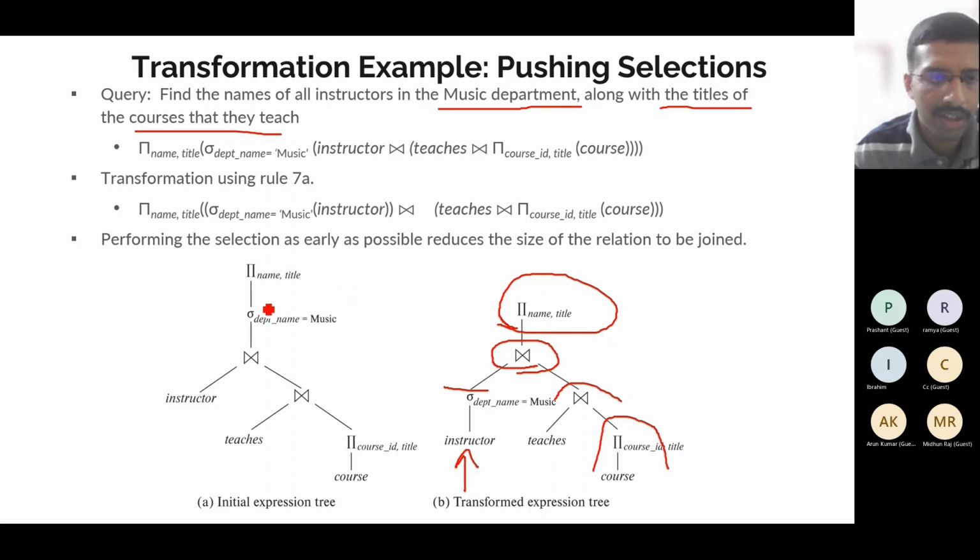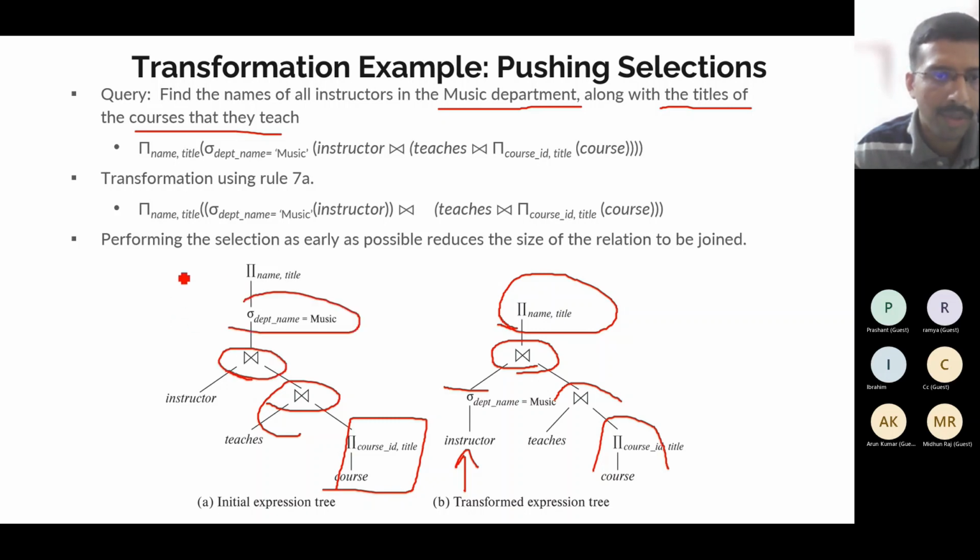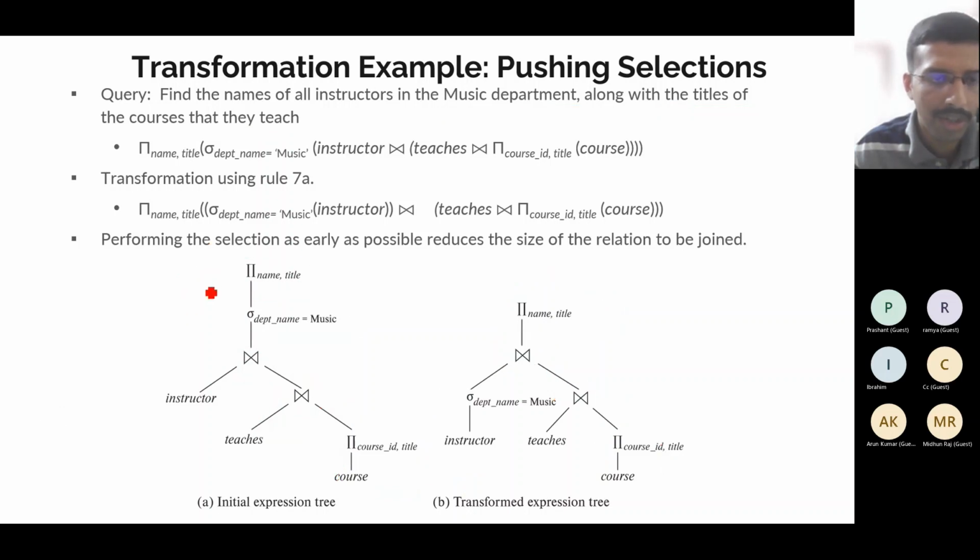Another equivalent way in which you can implement that is you take the course, then you merge it with the teacher, then you again do a join with the instructor, then you select based on department equal to music, and then finally you project name and title. Both will give the same result. But as you can see here, only at this point we have the select operation.